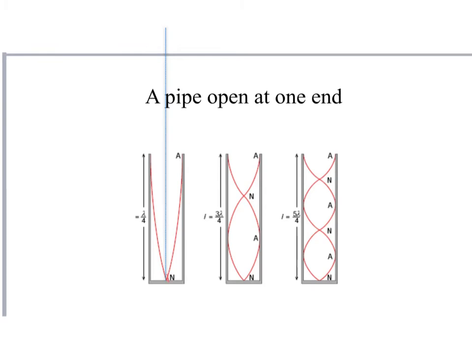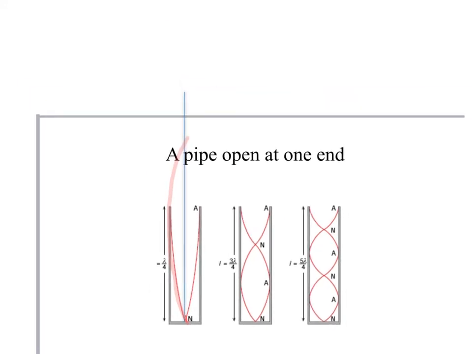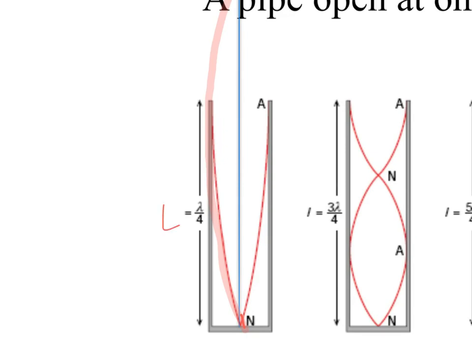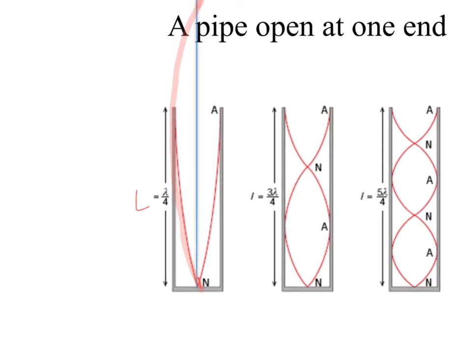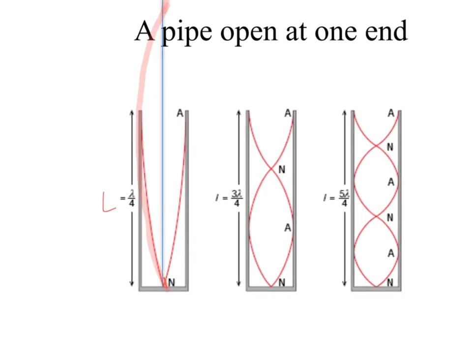Because we would still have to travel from our node back to another node, which would be half a wavelength, then complete that cycle on the other side. So the distance covered here is only a quarter, then we have 2 quarters, then 3 quarters, then 4 quarters of the full wavelength. So we can say that for this one, the length is a quarter of the wavelength, or wavelength divided by 4.